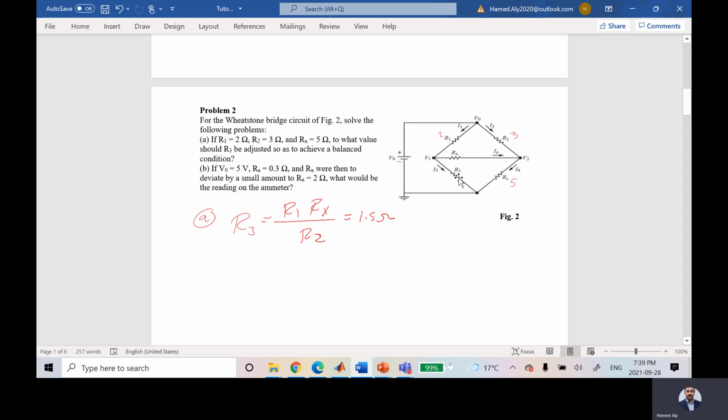If you are looking for this, it is equal to Rx divided by R2 multiplied by R1, right? So if you are looking for this guy, it is this guy divided by this guy multiplied by this guy, and vice versa.